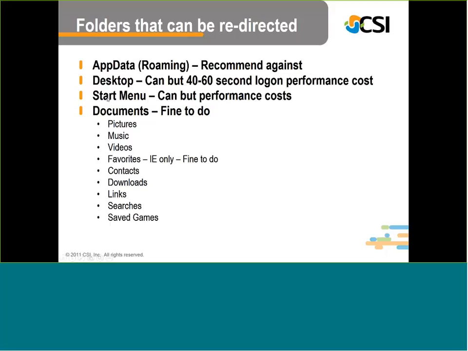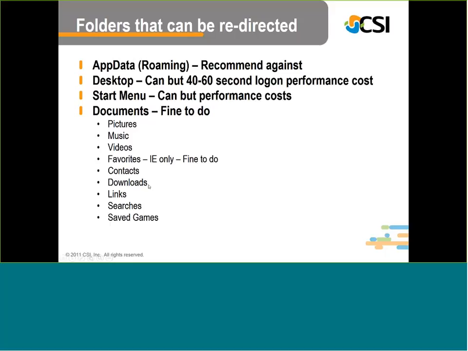Start menu, same thing. You can redirect it, which we're going to show you, but there are performance costs to do that. Documents is fine to do, so I could redirect the documents folder to my home directory. I like to redirect favorites. This is for IE only, so to your home directory /favorites. You could do other ones.